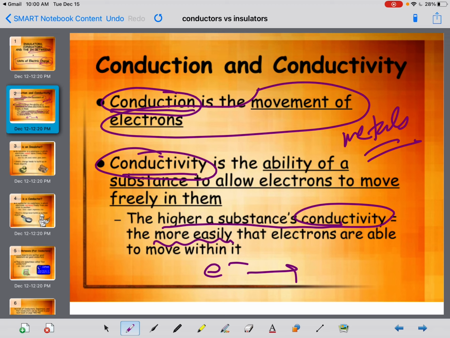For example, silver has the highest conductivity of all the metals on the periodic table. Even though copper, lead, iron, nickel and zinc are all conductive, silver has the highest conductivity. So even though metals are conductive, there are different ranges of conductivity.